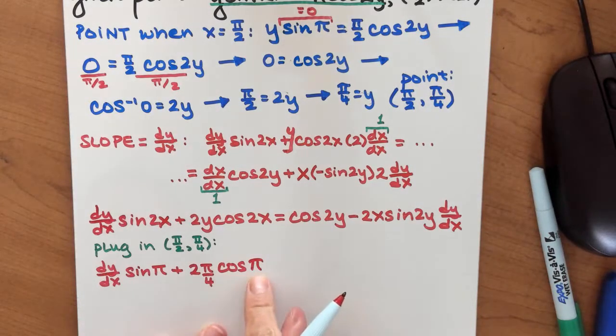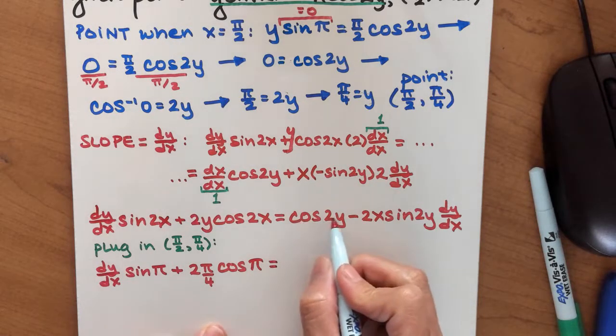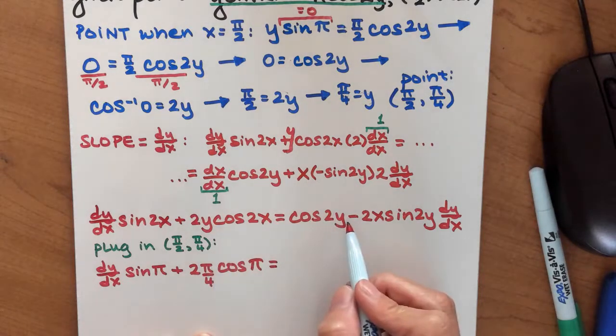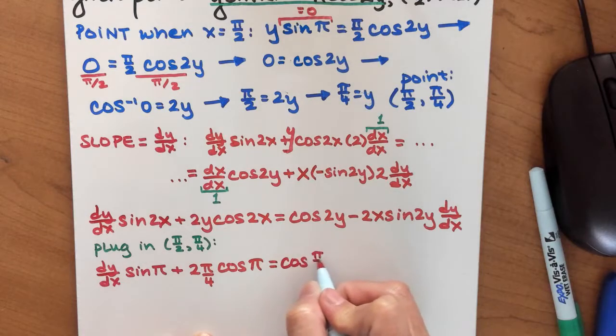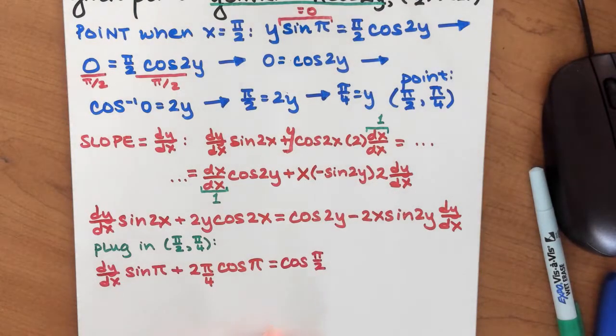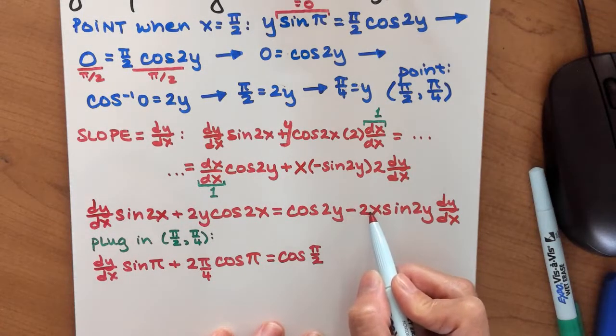And the cosine of pi, recall, is negative 1. That's going to equal the cosine of, when I plug y as pi over 4 in there, I'm going to get pi over 2. And the cosine of pi over 2 is 0. Minus 2 times x.